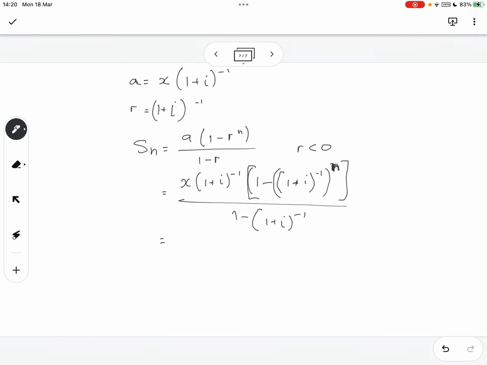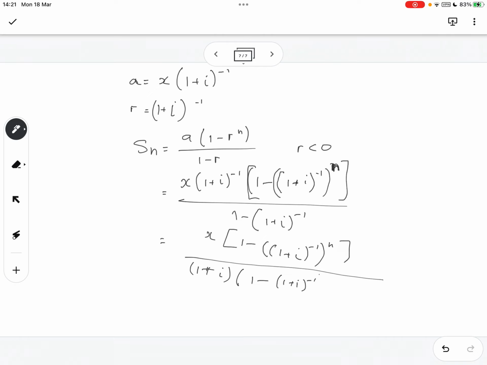Then this becomes x into 1 minus 1 plus i to the power negative n over 1 plus i into 1 minus 1 plus i to the power negative 1.